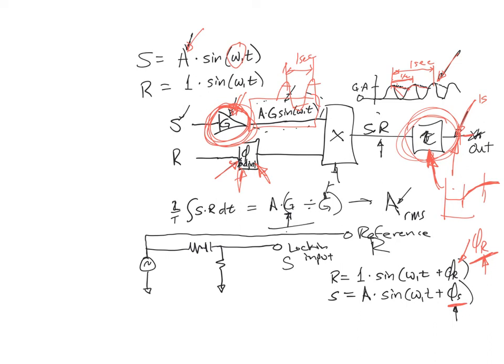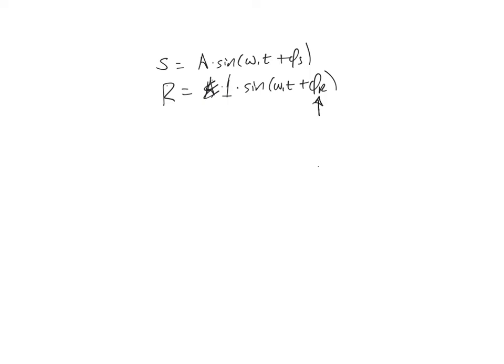All right, so one way to adjust that phase is this: since you have S equals 1 times sine of omega 1t plus phi s, and the reference is sine of omega 1t plus phi r, if you adjust this so that this is kind of like the sine, and this is 90 degrees out of phase with it, so this is like the cosine, which is to say, if phi r is equal to phi s plus 90 degrees, then you get 0 output.